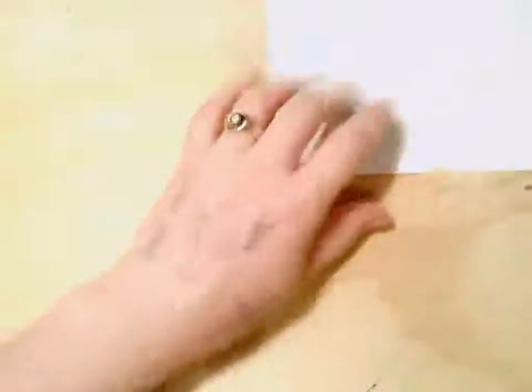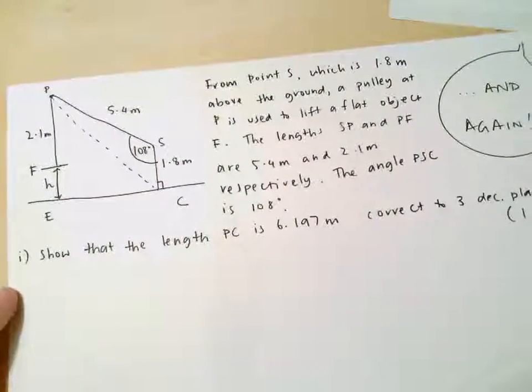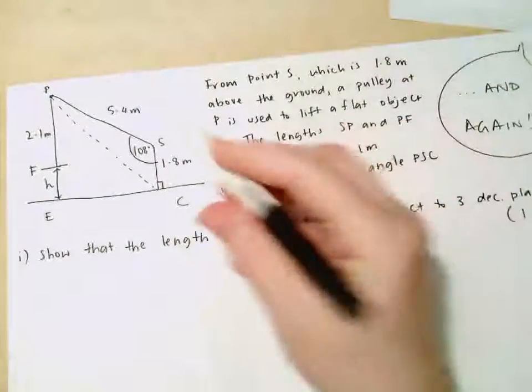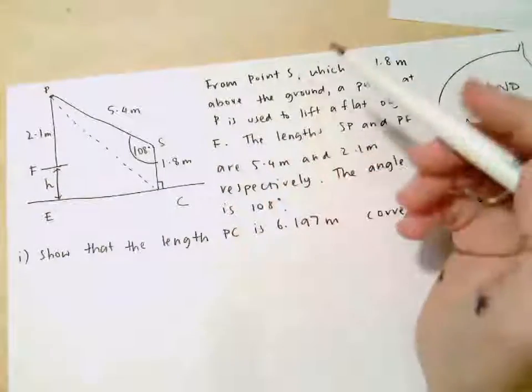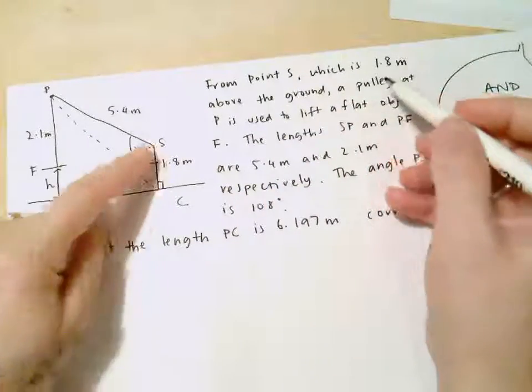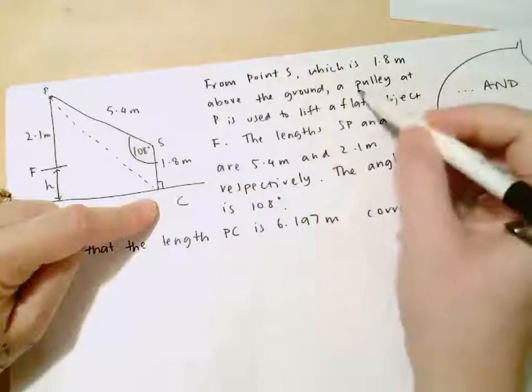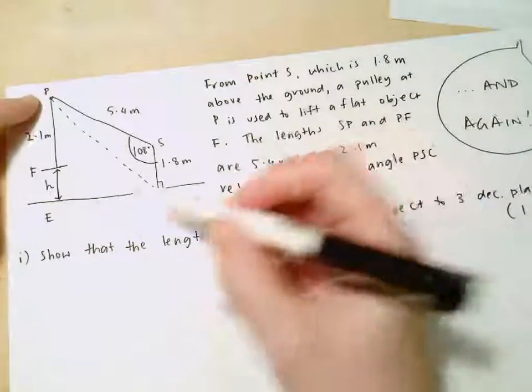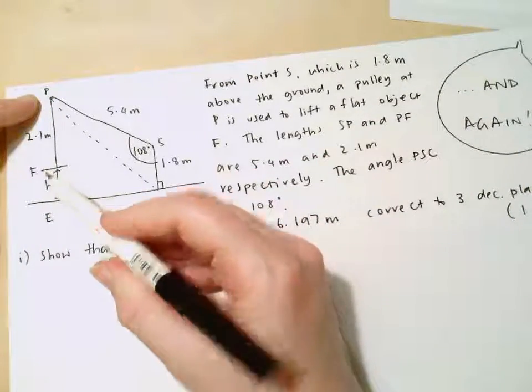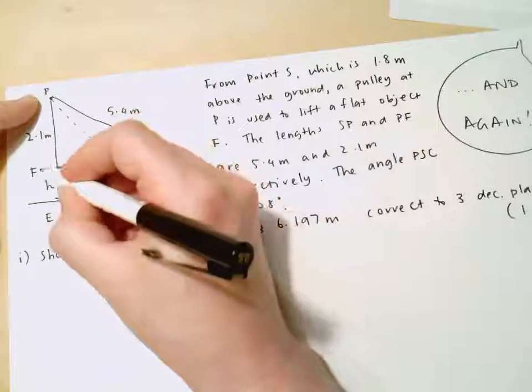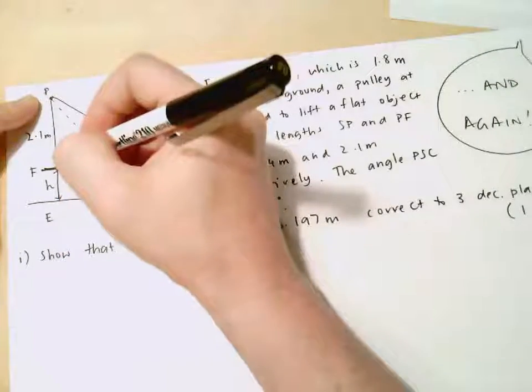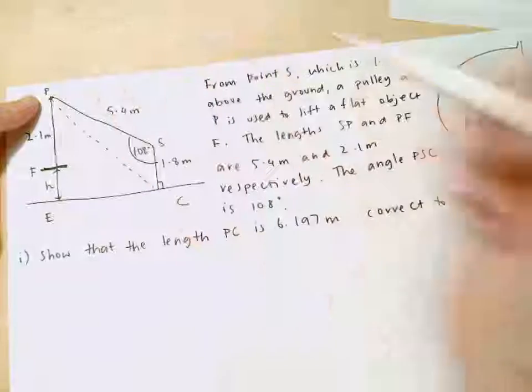Here's your second question to have a go at. It's a past HSC question. So it says, you're given this diagram. From point S, which is 1.8 metres above the ground, a pulley at P is used to lift a flat object F. So here's my flat object F. My pulley here is used to lift that object up.